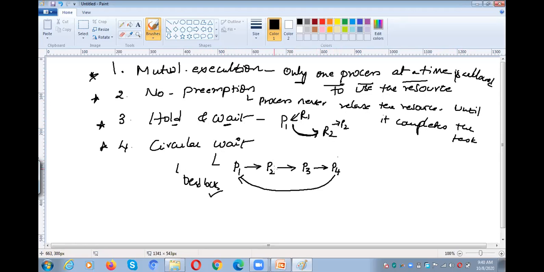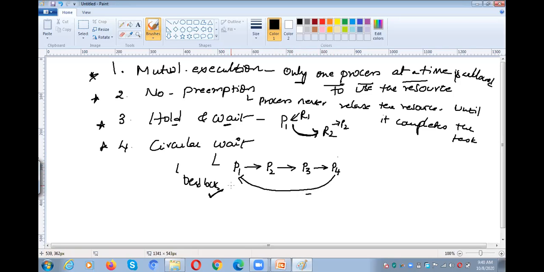P1 is waiting for the resource which was allocated to P2, and P2 is waiting for the resource which was allocated to P3, and P3 is waiting for the resource which was allocated to P4, and then again P4 is waiting for the resource which was allocated to P1, so that there is a circle, right? So whenever the processes are waiting for the resource in a circular fashion, then automatically it will create a loop which causes the deadlock.